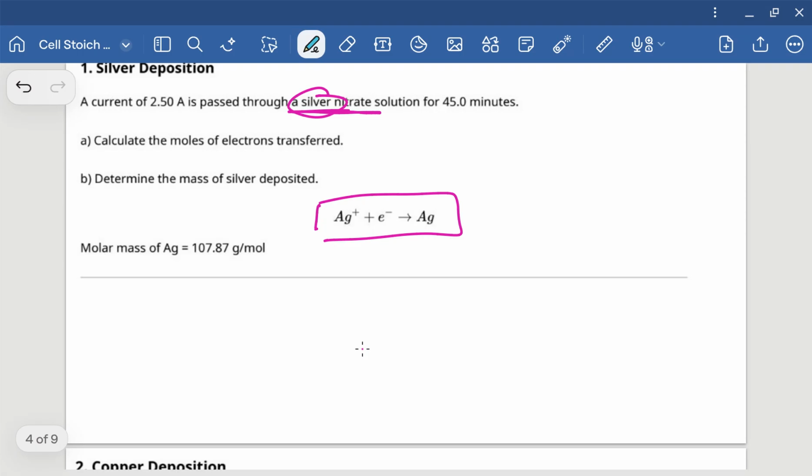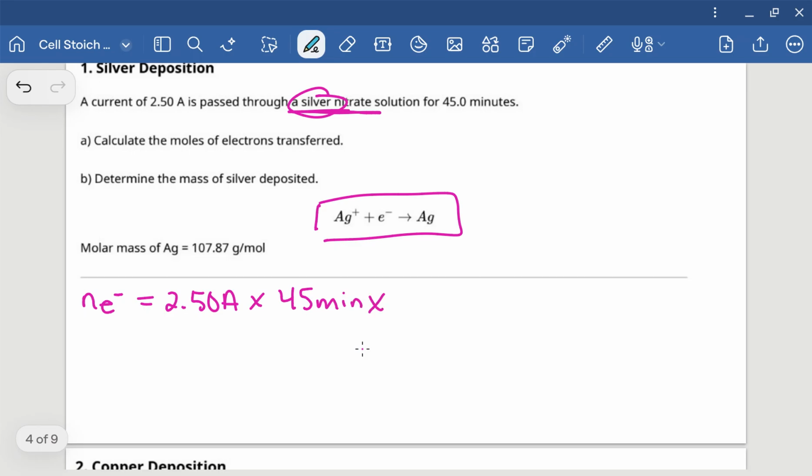Now, if you're calculating moles of electrons, you are using that formula where it's amps, which is 2.50, times your time, and the time here is in minutes, and we do know our time needs to be in seconds.